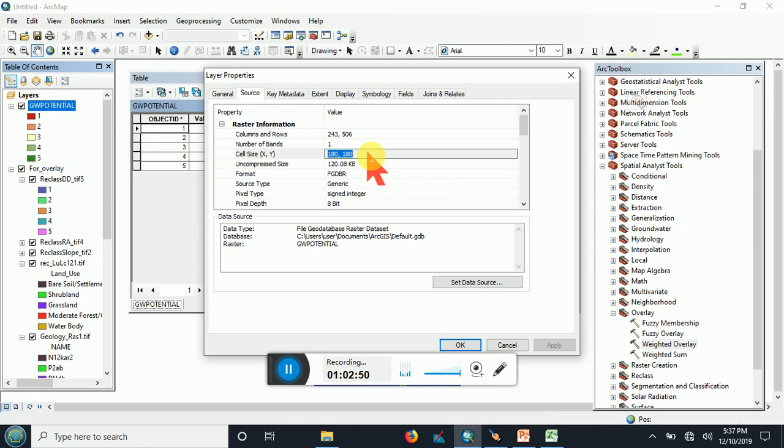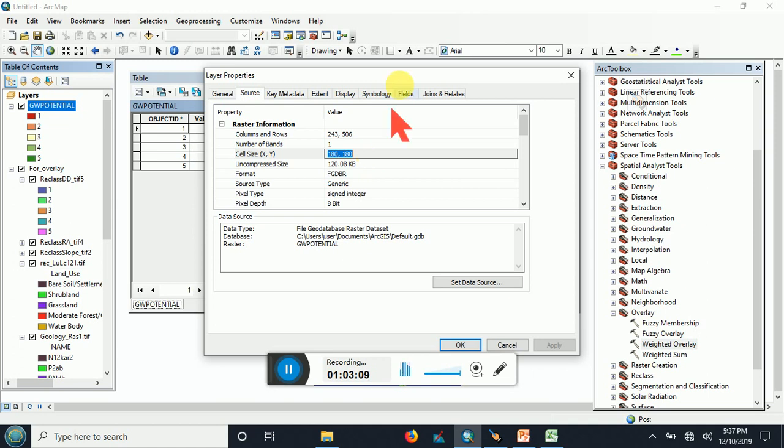Maybe there is some projection, that's why it's 180 by 180. So one cell is 180 by 180 meters, which is the area of a single cell.